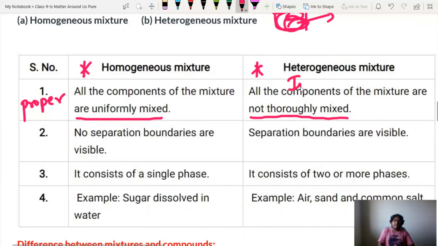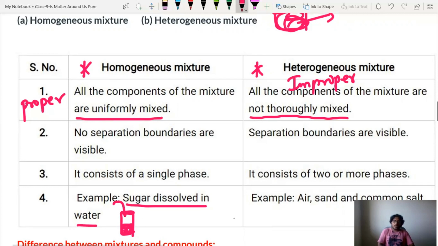If you find improper mixing, that is known as heterogeneous. Example, sugar dissolved in water. You take beaker, add some amount of water, add sugar in it. If you stir, total water in which sugar will be dissolved without leaving any traces, without leaving any sediments.